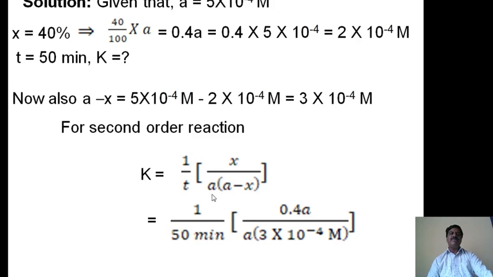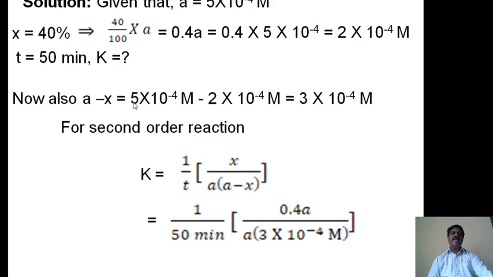Here the equation for the rate constant of a second order reaction is k equal to 1 divided by t into x divided by a minus x. This is the expression in which k is the constant. That is 1 divided by t into x divided by a into a minus x. Therefore we can substitute these values; a minus x we have to calculate.